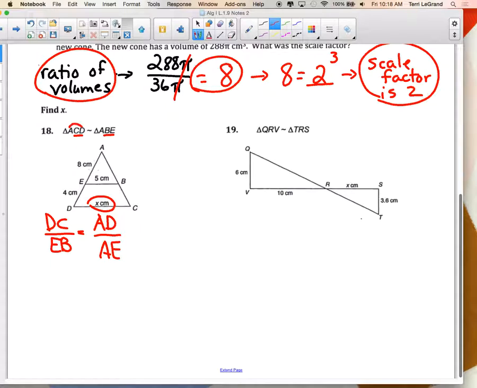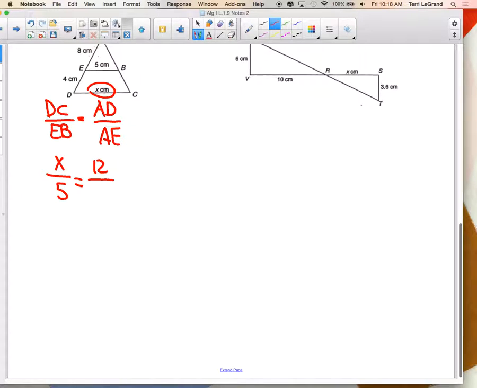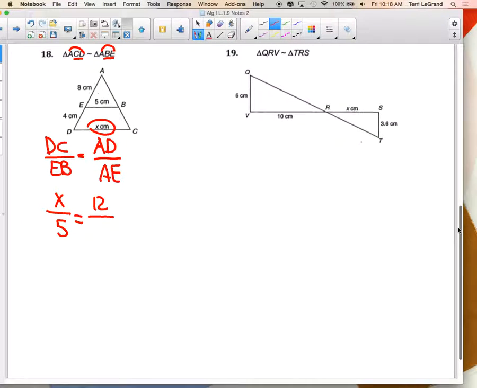Okay. So AD, AE. DC is x, length EB is 5, length AD is 8 plus 4, 12, and length AE is 8, right here. So we should very easily be able to see this. X to 5 is the same as 12 to 8.